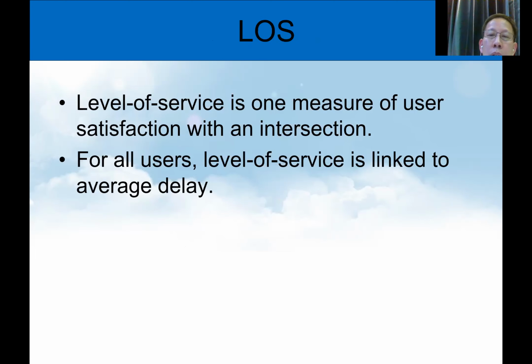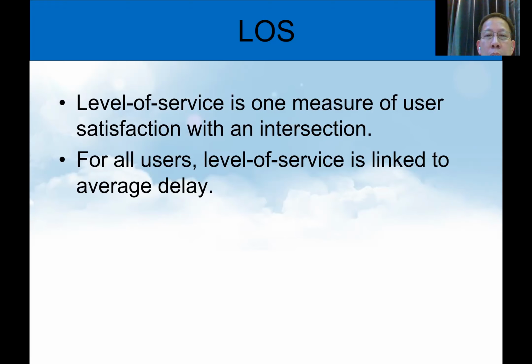One of the measures of effectiveness is the level of service. You should know a little bit about the difference between the level of service at intersections and the level of service at mid-block. They talk about level of service as the measure of effectiveness.